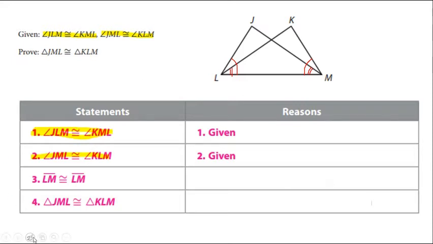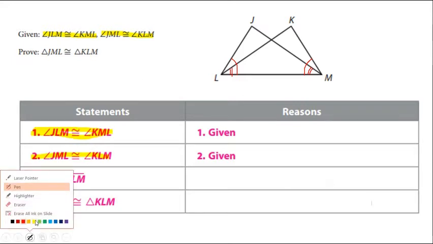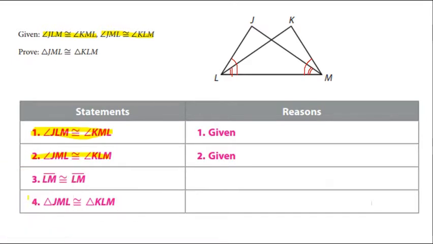Now, if you notice, your two triangles we're trying to prove here are, let me highlight them. So we have this triangle right here. So this triangle is one of them. And then the other triangle is this one right here.